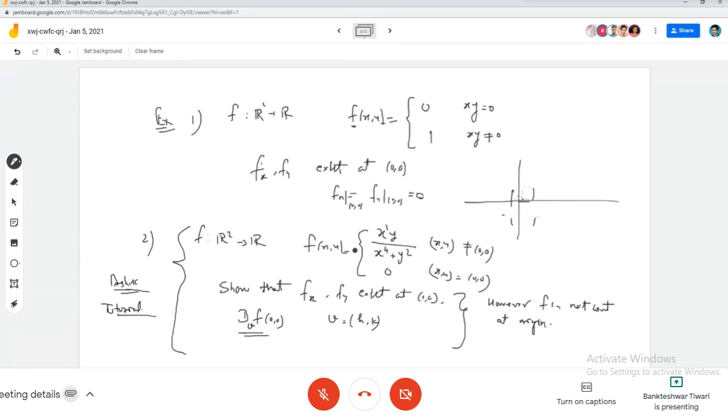So this is the kind of function that you see has all directional derivatives at the origin. All its directional derivatives exist at the origin, but this function is not continuous at the origin. So then this directional derivative is something that should not be called the derivative of the function, because you know, derivative should imply continuity. So you need a better definition of derivative.